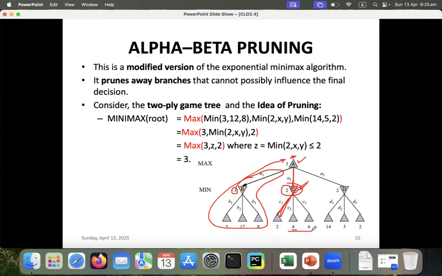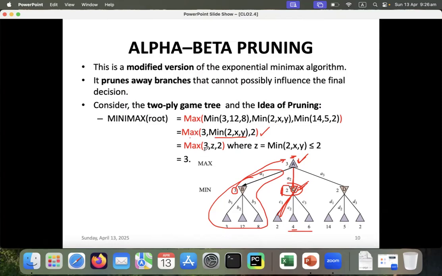If you have higher values, min player will not give those higher values up, because this is the point of the min player. And now at the first point, you have the value 2, which this max player does not need. So it means, now look over here. Now come back to this equation.